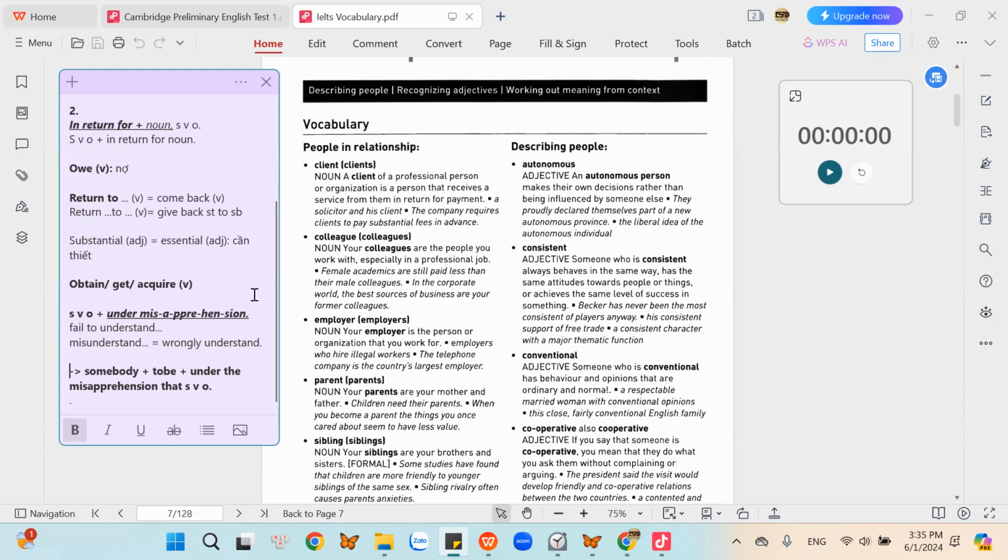I am under a misapprehension that we learn English by learning words, pronunciation, and learning word definitions by heart. So what does this sentence mean?